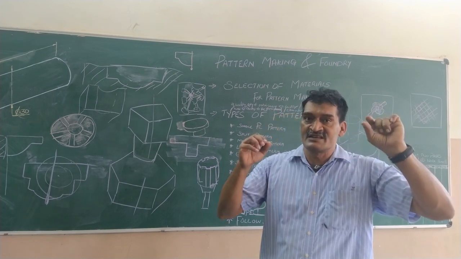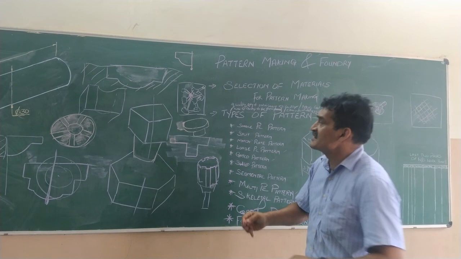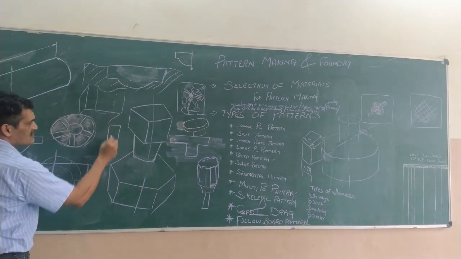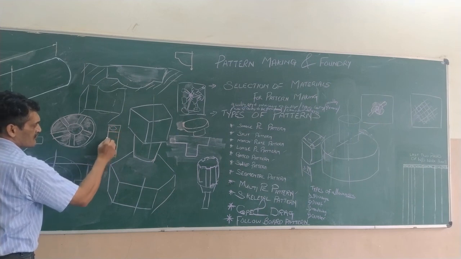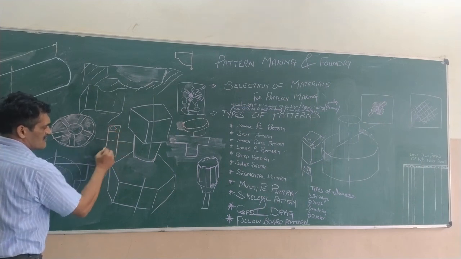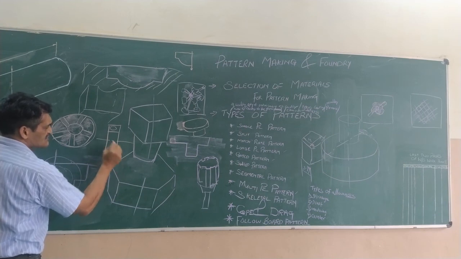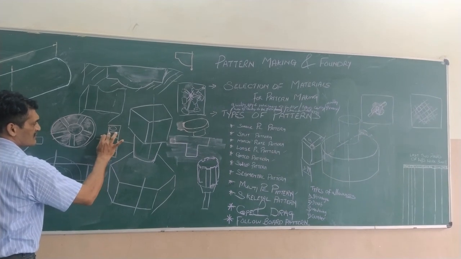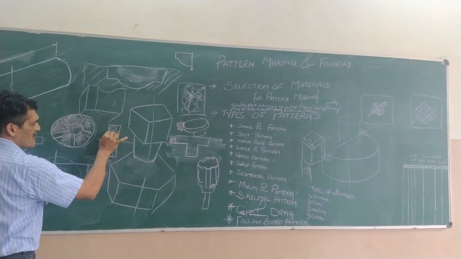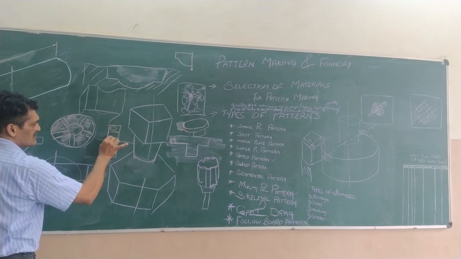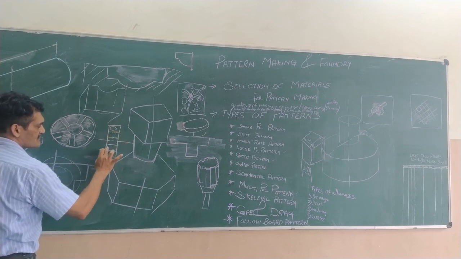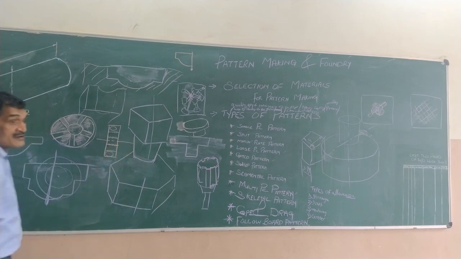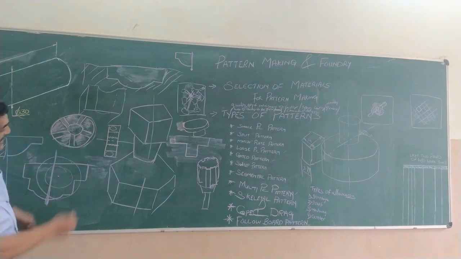So now if the shaft diameter, let's say this is our ball bearing. This is the race, and here we have the inner diameter. This is the inner diameter. Let's say we have a shaft.